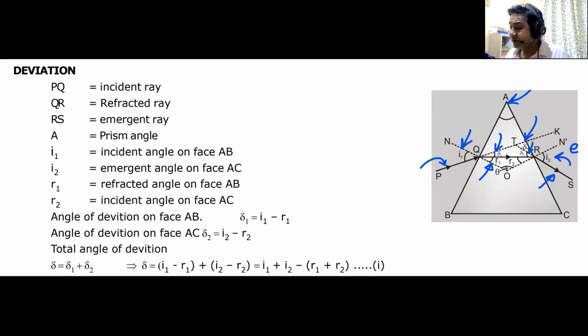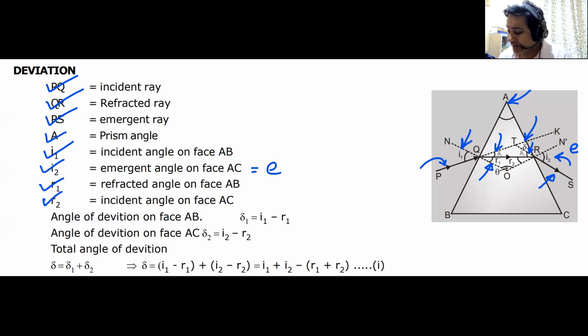I repeat, the incident ray, the refracted ray, RS is the emergent ray, A is the angle of prism, I1 is the incident angle at the face AB, I2 is the emergent angle at the face AC. Sometimes we also call it E, emergent angle. R1 is the refracted angle on the face AB.